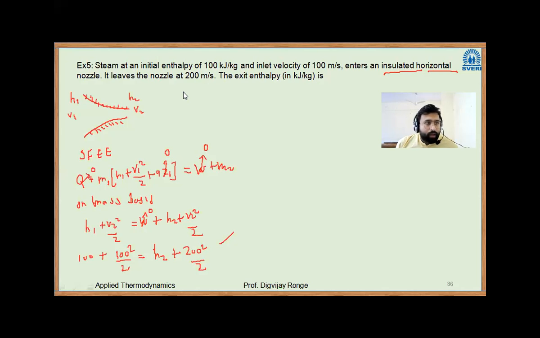Again, the nozzle is a very important component, and most of the industries, MNCs, are in this business of nozzle manufacturing. It is a very delicate job. Again, if you are studying internal combustion engines, in that case also there is a fuel nozzle.